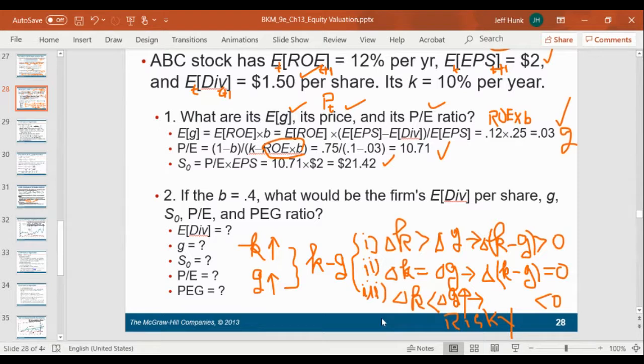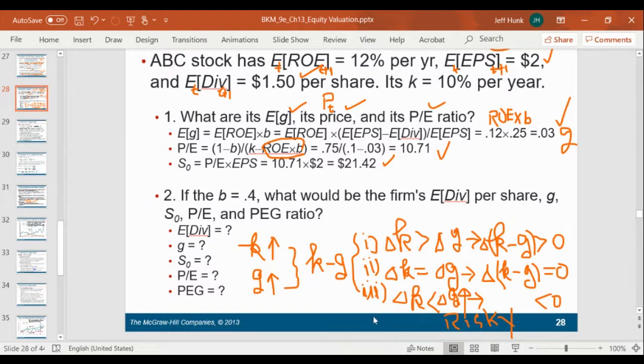It doesn't necessarily mean it's safe or riskless. Obviously, a riskless asset doesn't have wide variance. I mean, with AAA bonds, the variance of their returns is very small.